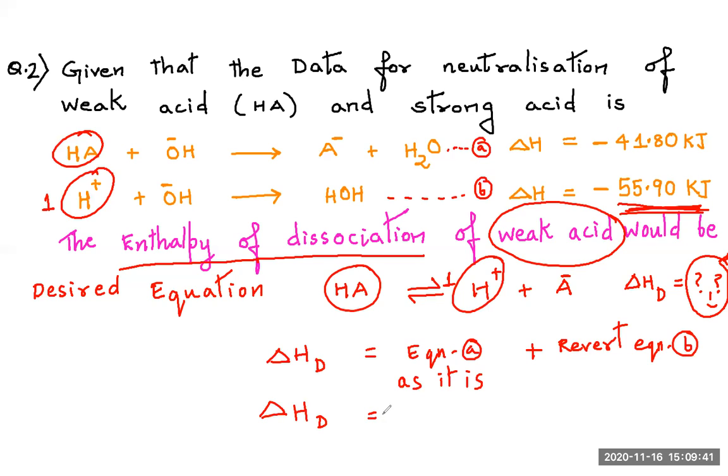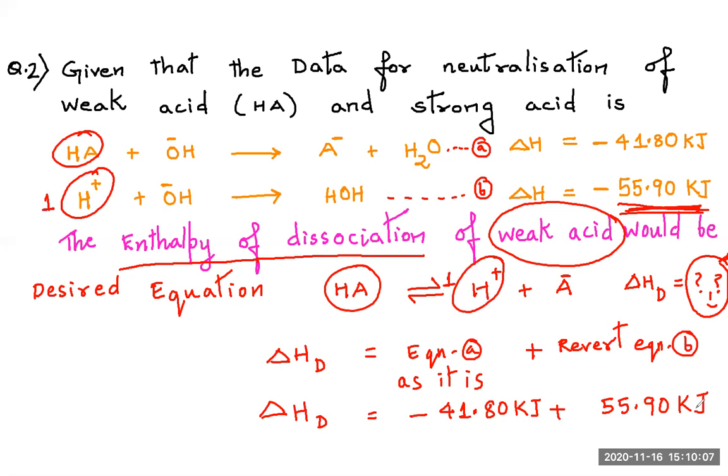Delta H desired is equal to first value as it is 41.80 kJ as it is plus revert B. So with a positive sign 55.90 kilojoule. Whenever you revert the equation, children, you revert the sign also. So I think it is clear.